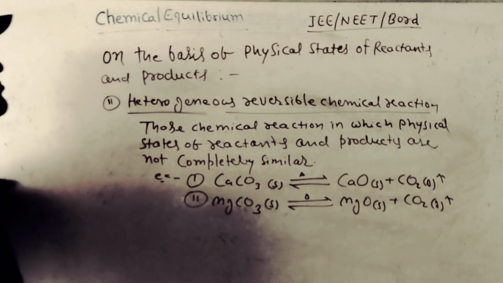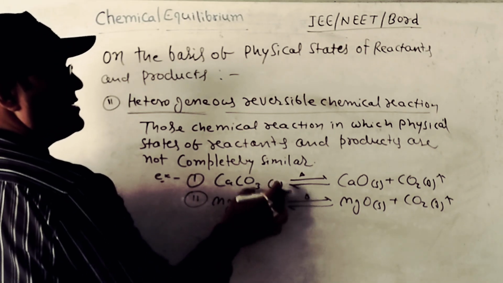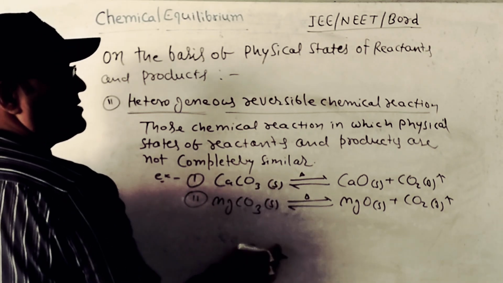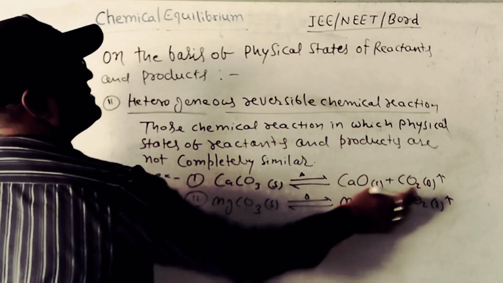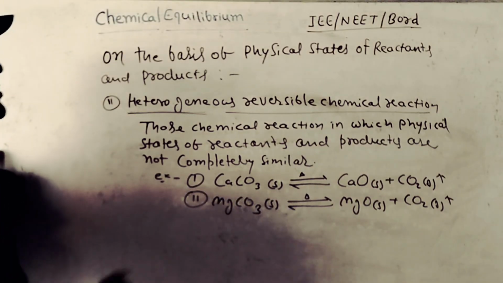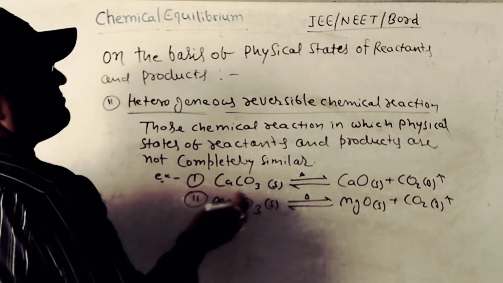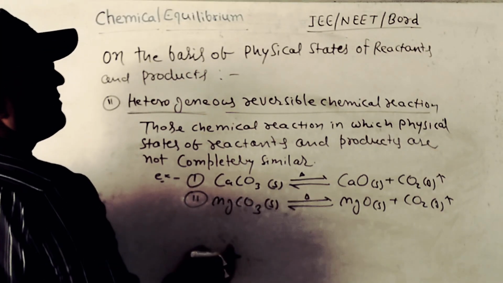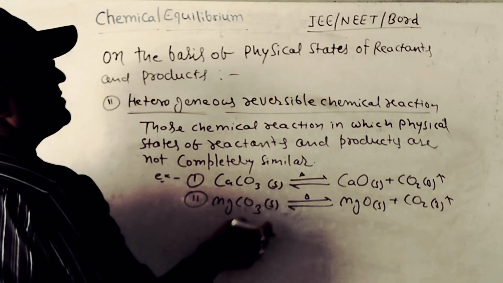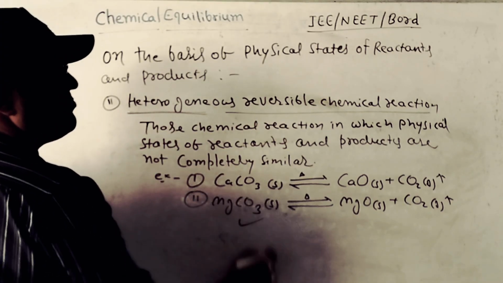Now with the help of this suitable example, we can observe easily physical state of reactants. Observe in solid state, but product solid with gas. So they are not completely similar due to different physical states in reactants and product side. Due to the dissimilarity of physical states of reactant and product side, we can say these reversible reactions are very good example of heterogeneous reversible reaction. So you can take a screenshot.